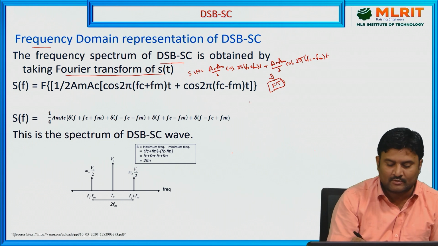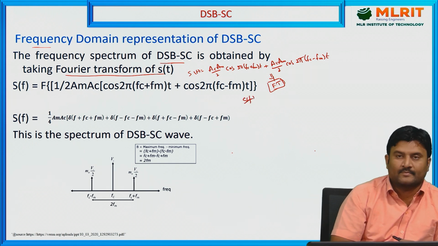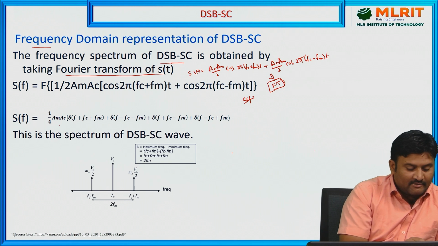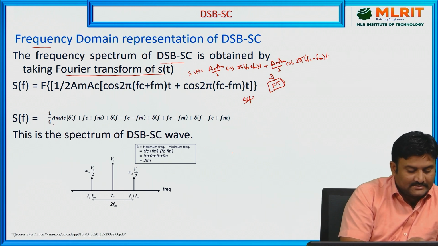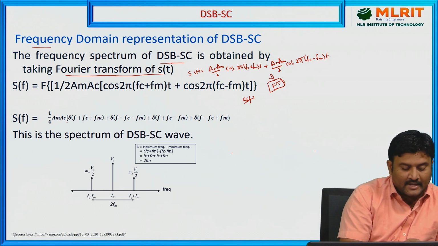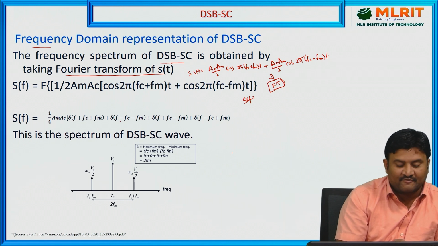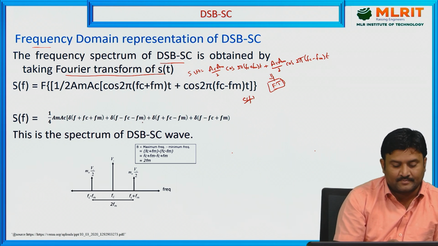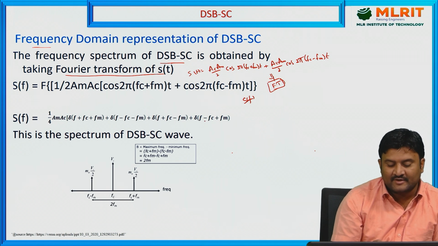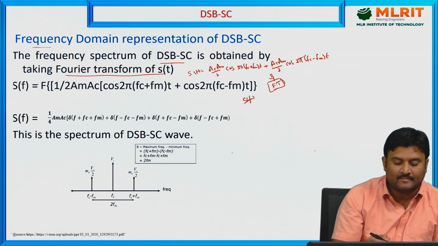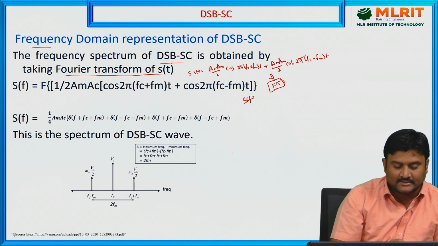Then this should be equal to S(f). S(f) should be equal to, observe here, when doing the continuous analysis, 1 by 4 AmAc [δ(f plus fc plus fm) plus δ(f minus fc minus fm) plus δ(f plus fc minus fm) plus δ(f minus fc plus fm)]. When you take the Fourier transform of the given s(t), the answer is like this.